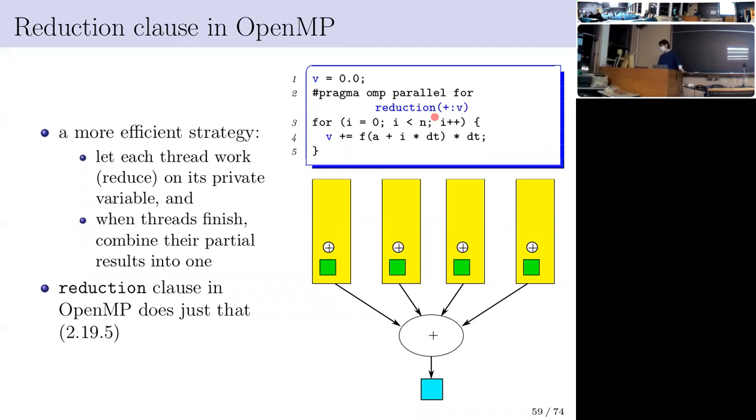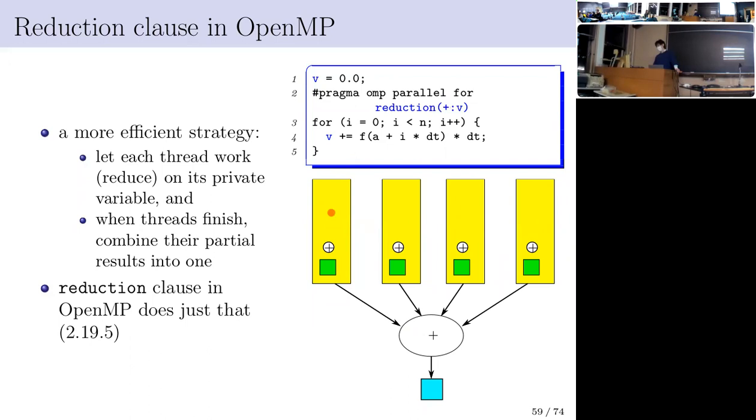Then what is going to happen is that each of these threads has its own local copy of b. So they do not communicate, so there are no race conditions. And after this parallel section is over, partial results computed by these threads will be combined into a single value using plus.